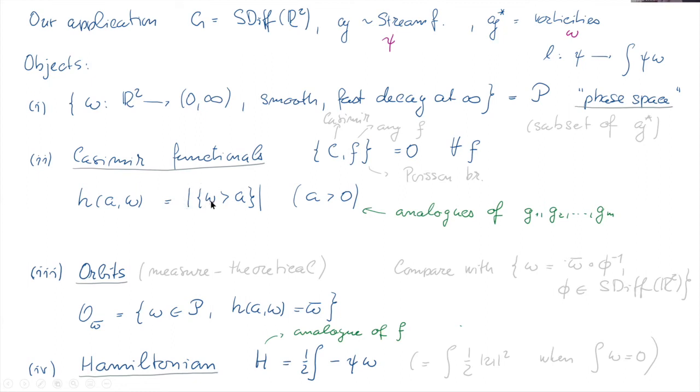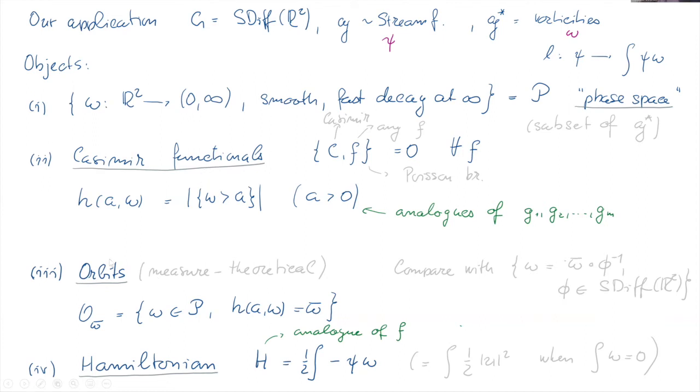Those are, roughly speaking, the distribution function of omega, right? How much measure is above a certain value of a. So these functions are preserved by Euler evolution. So these will be our Casimir functions, the analog of the functions g.